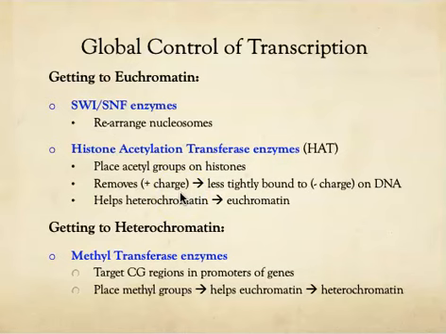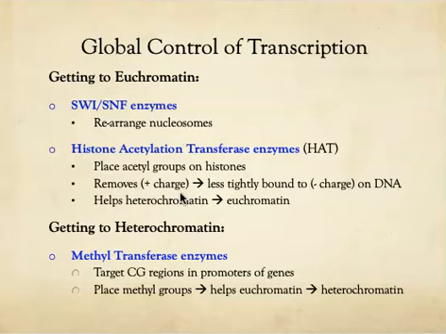Remember, DNA has a net negative charge. The net negative charge of DNA comes from the phosphate groups in the sugar phosphate backbone of DNA. So normally, the positive net charge on histone proteins and the negative net charge of DNA allows the DNA to be held very tightly when it's wrapped around the histones.